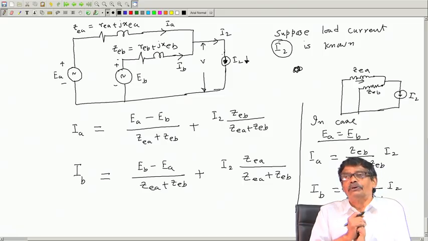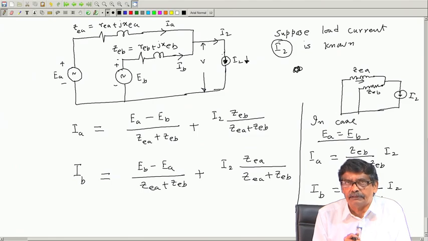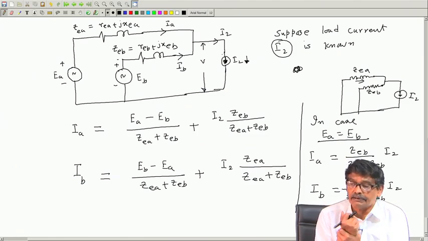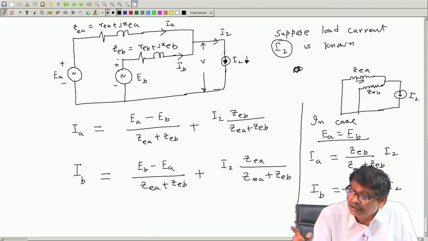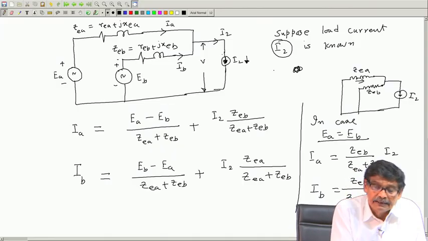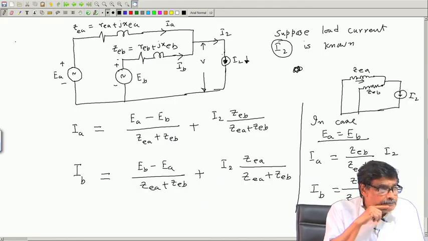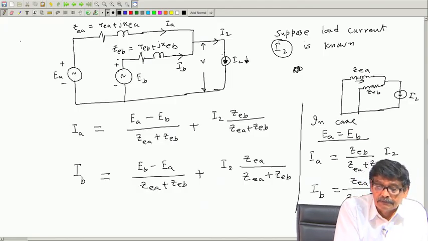See what we really want. Suppose the rated current of this transformer is known. I will just tell you one rating. Suppose one transformer is 4 kVA, transformer A, and transformer B is 2 kVA.